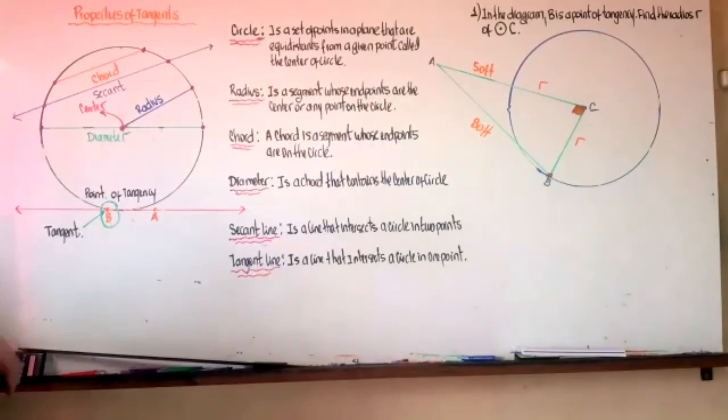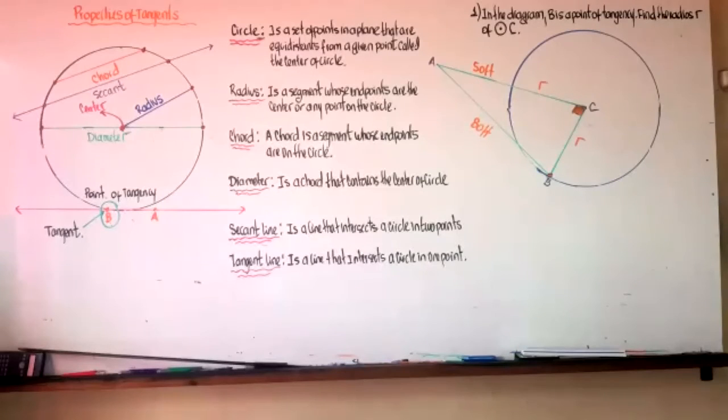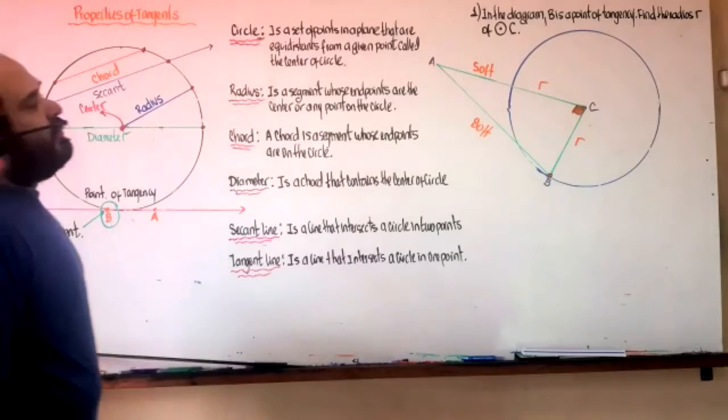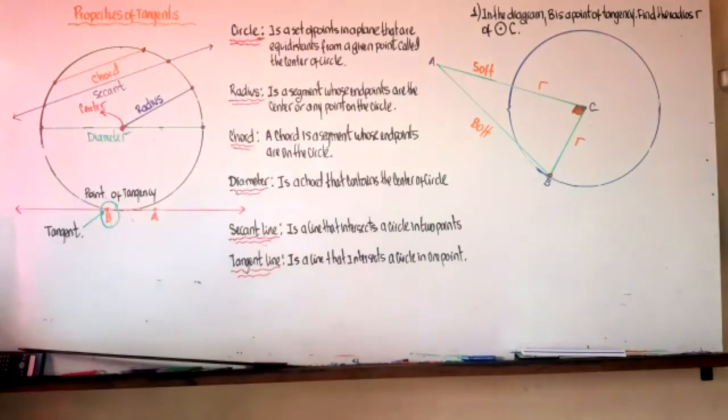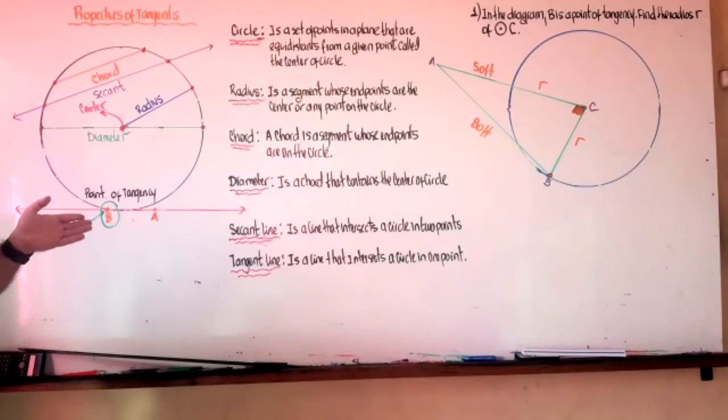So as soon as you can see, if we take a look only at the points A, B, and C, we have a right triangle, right? Yes or no? And we have to look for the value of the radius.